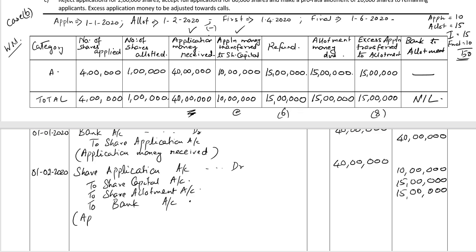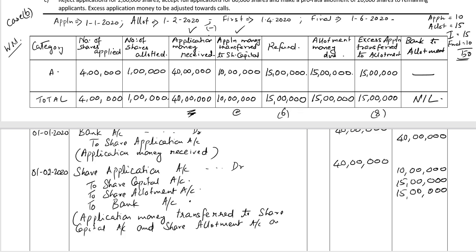This is for application money transferred to share capital account and share allotment account, and the balance refunded.